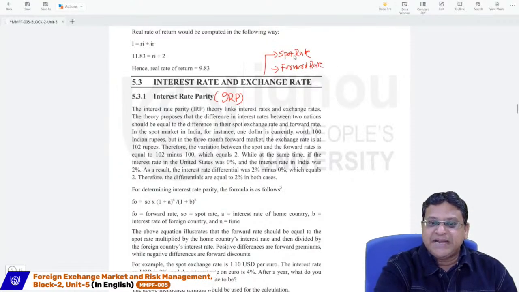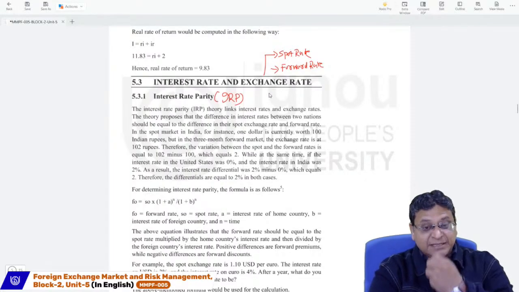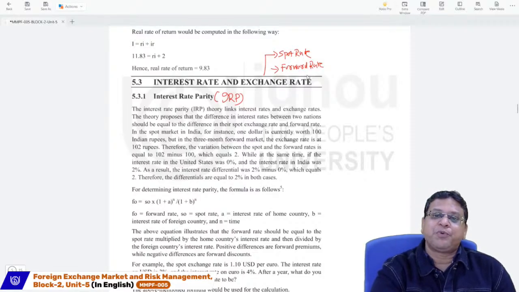If you take immediate delivery, the rate is known as spot rate. But if you take delivery of the foreign exchange after 1 month, 2 months, 3 months, the rate that is available is known as forward rate. The difference between spot rate and forward rate is known as swap points, and that is known as forward rate differential.